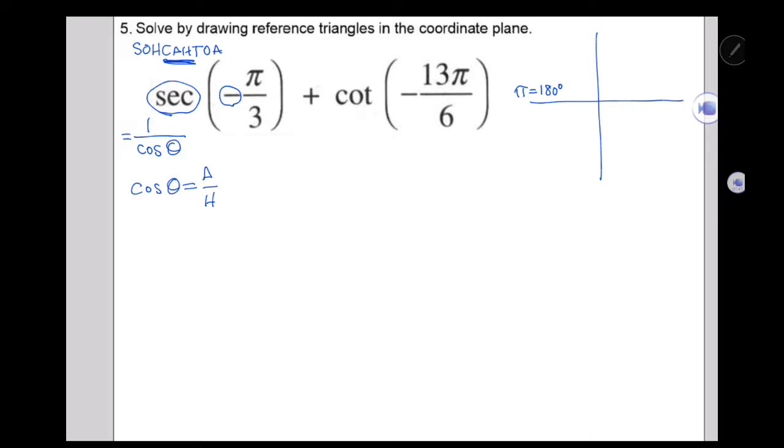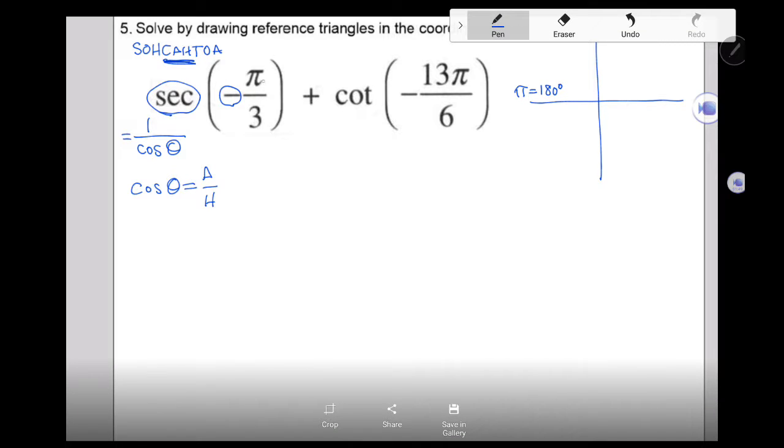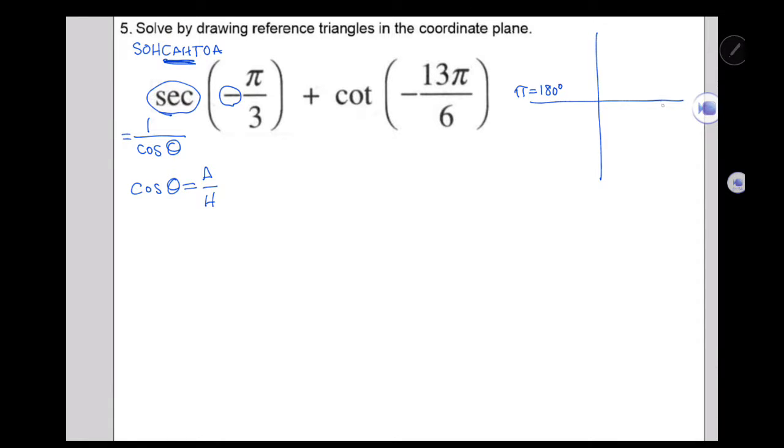That's half a circle. We'd swing the arm down and around until we got halfway around the circle and stopped at pi.